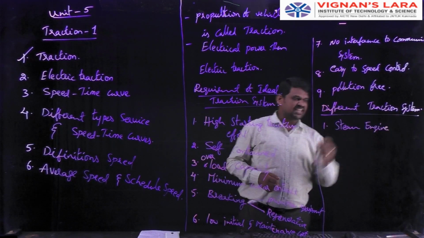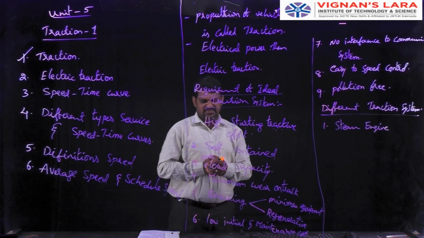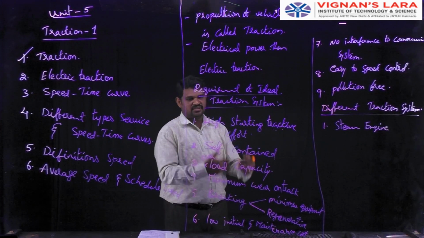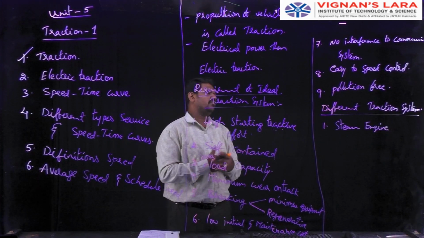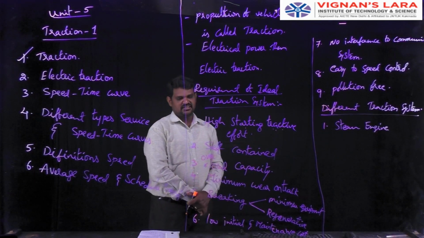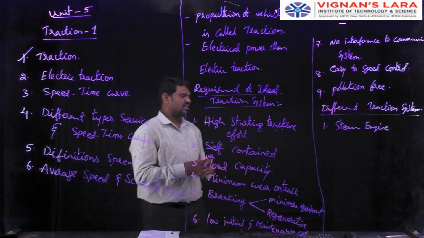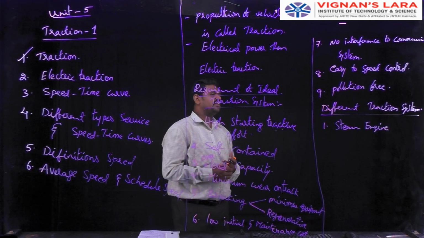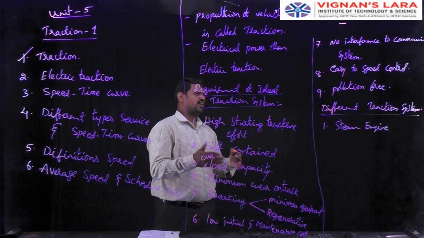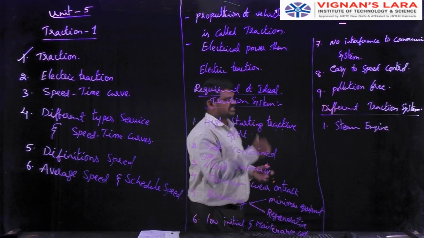In the steam engine traction system, we use the steam turbine, and because of the steam turbine, the vehicle will move. It has many disadvantages. You should carry the coal, and you should carry the water. At regular intervals of time we have to refill the water, so a lot of maintenance is required.